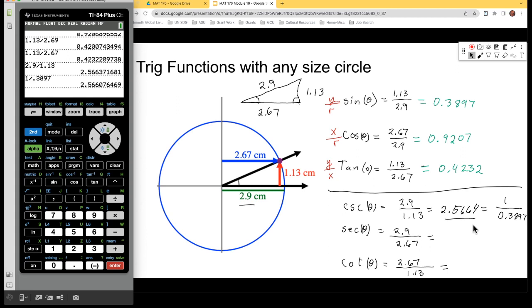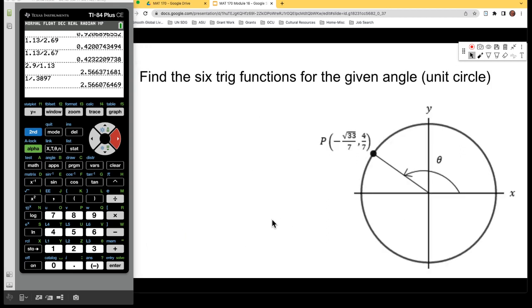What we're going to do now is sort of simplify the process a bit by using the unit circle. When we have a unit circle, what it's telling us is that the radius is equal to 1 unit, 1 centimeter, 1 something, but it's 1 length, right?